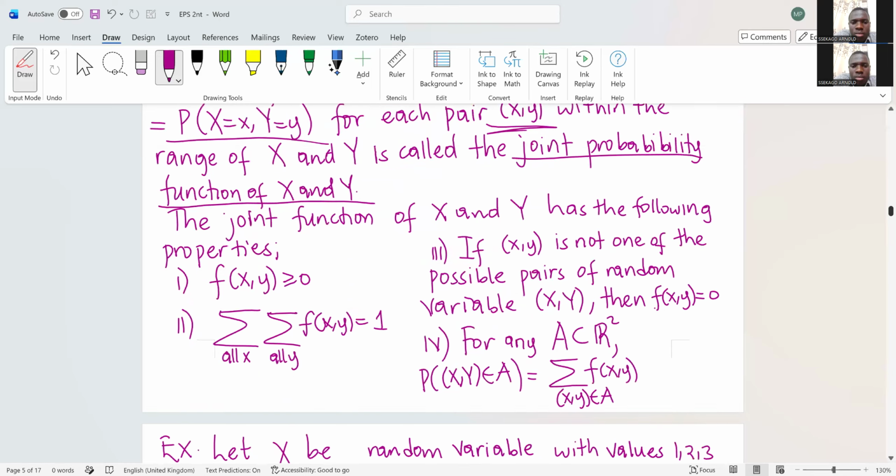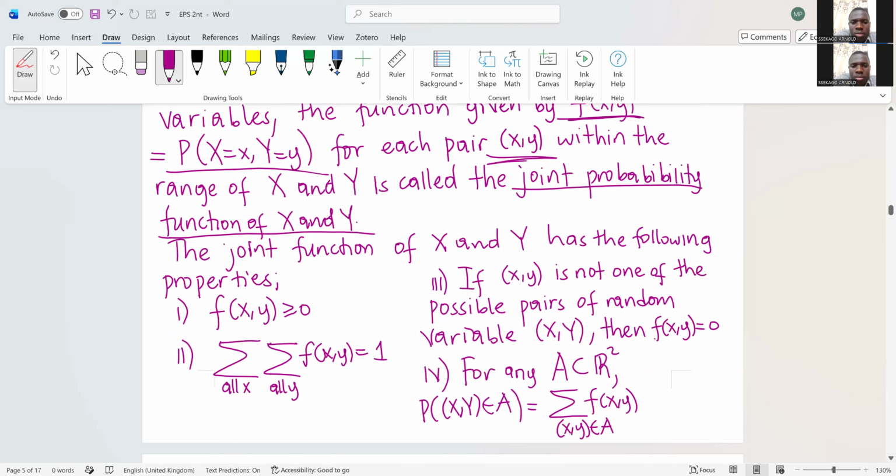Now, we looked at properties of probability in one dimension. Remember, probability is non-negative, and the total probability is 1. All those properties also apply here. The joint probability function as defined above is non-negative. And also the total probability: for one dimension, the property said that the sum over all x values of f of x is 1.